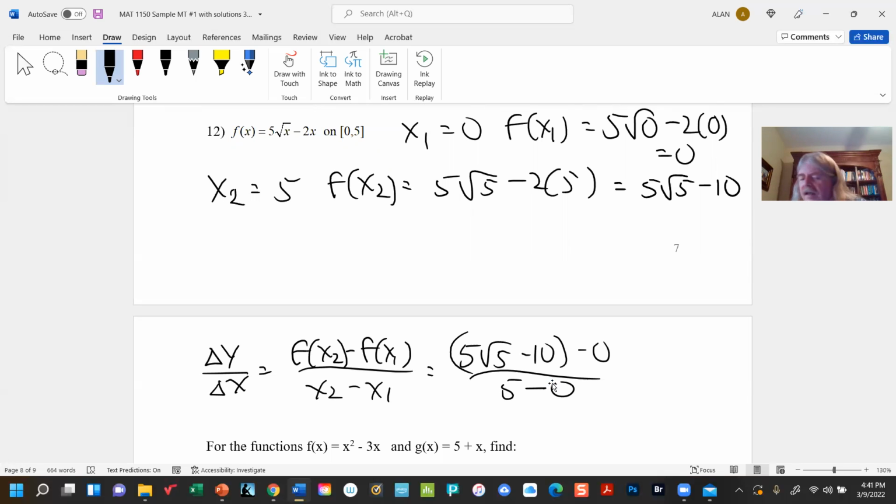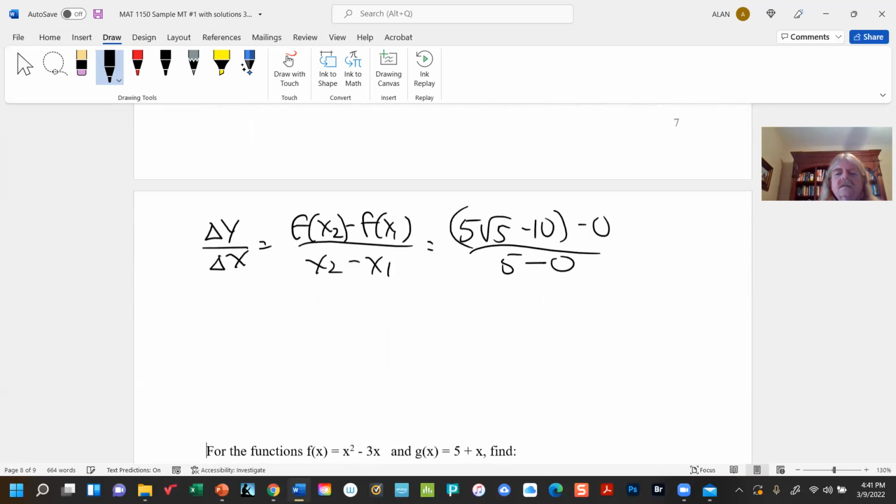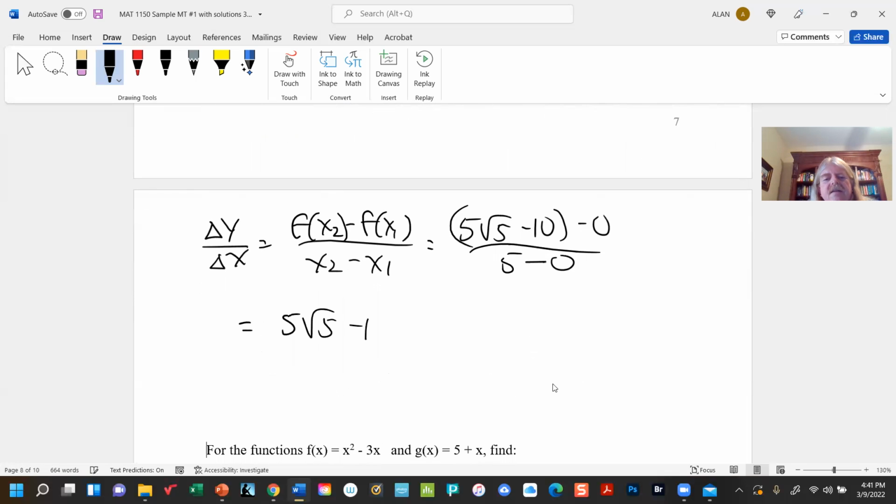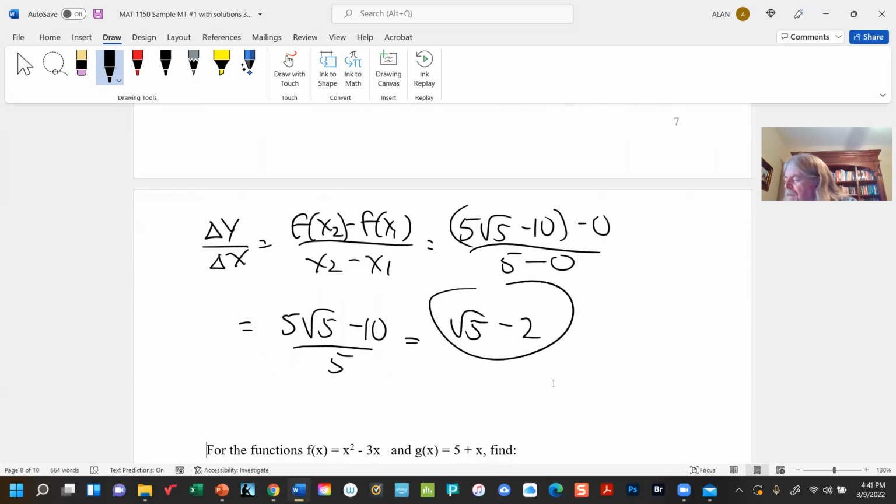Okay, this might turn out okay. So we have 5 radical 5 minus 10 over 5, which is radical 5 minus 2. That's it, we're done. So that turned out to be less painful than we anticipated.